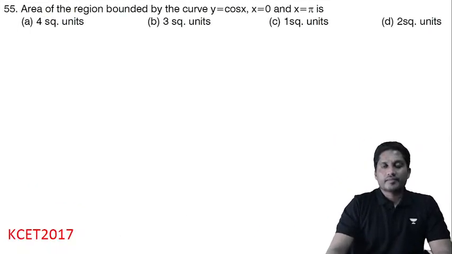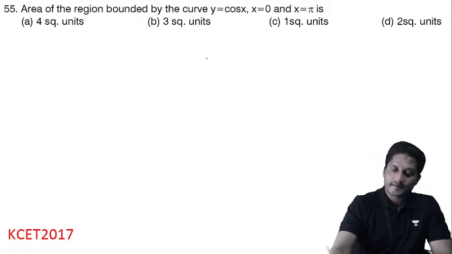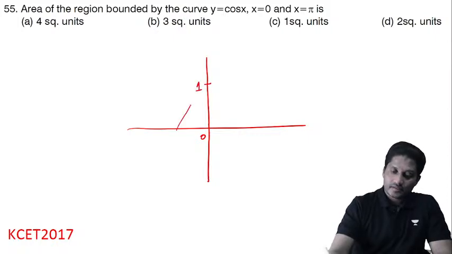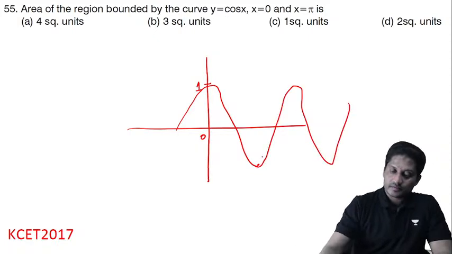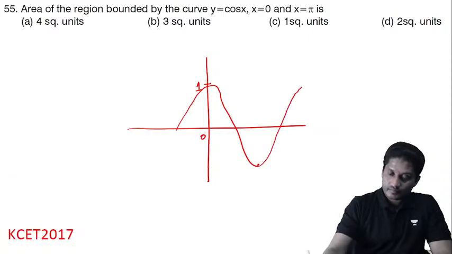Area of the region bounded by cos x, x equal to 0, x equal to pi. See, first plot the graph for cos. Cos 0 is 1, right? You get a cos graph like this. This is pi by 2 and 3 pi by 2.